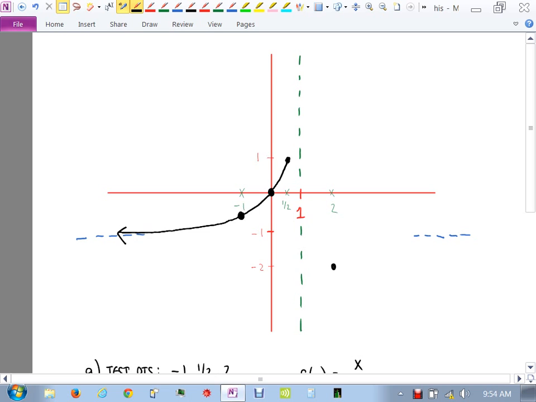Now you can already tell what's going to happen, right? When I try and come out the right side of this dot like this, I can't cross through like that, can I? That vertical asymptote forces me to either go up or down, doesn't it? Someone tell me why it doesn't just dive down. Why can it not do that?